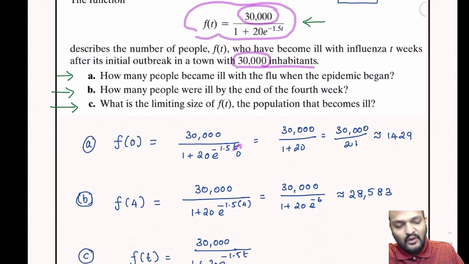As I've said earlier, when t goes to infinity, the exponent goes to negative infinity, and e to the negative infinity is 0. 20 times 0 is 0, so all I'm going to have is 1.